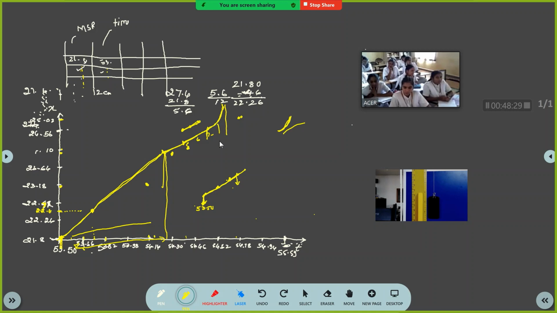So the body is uniformly accelerating. Here in this zone it is moving with uniform velocity, and between these points it is moving with uniform acceleration. Did you understand? Yes, sir. Okay.